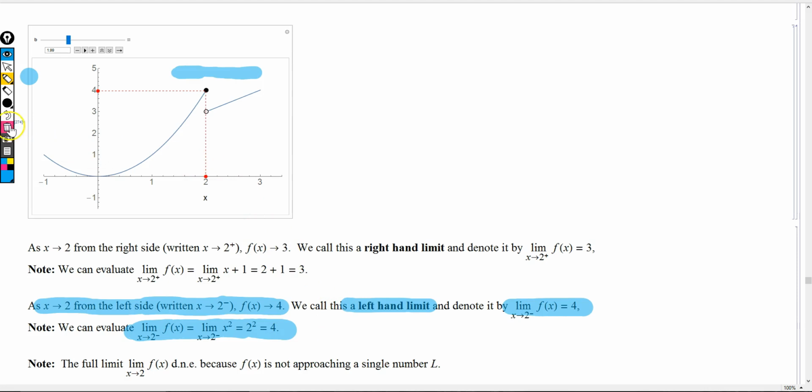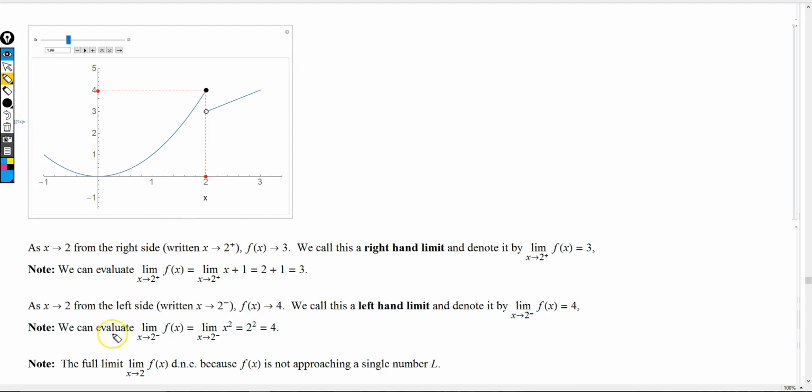Now what about the full limit as x approaches 2? Well, the full limit of f of x does not exist, because f of x is not approaching a single number L. For your full limit to exist, your function has to be approaching a single number no matter which side x is approaching the limiting value from.